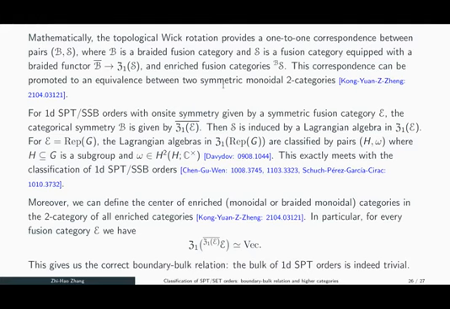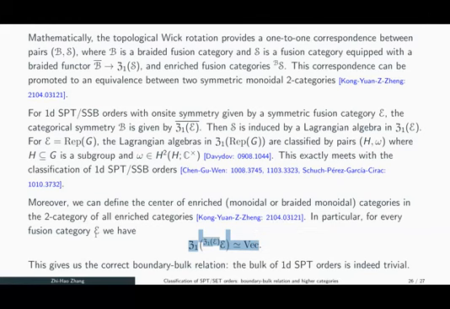I'm asking just mathematically, the Drinfeld center of Vec_G^omega enriched in the Drinfeld center of Vec_G^omega is Vec, right? Yes. So the following result holds for every fusion category.